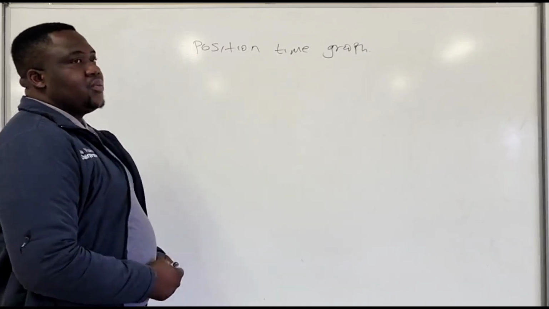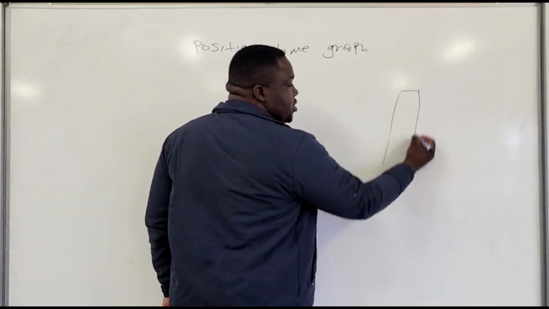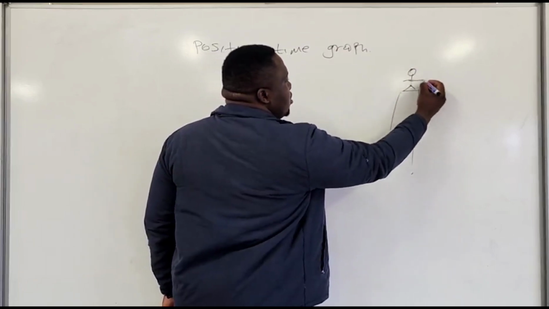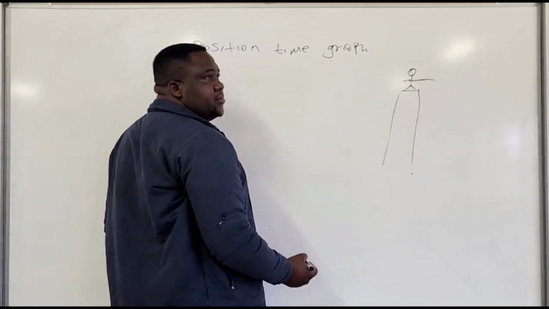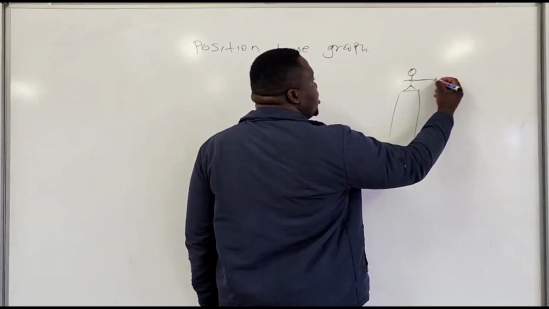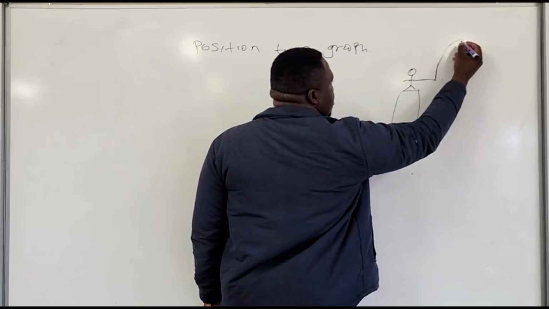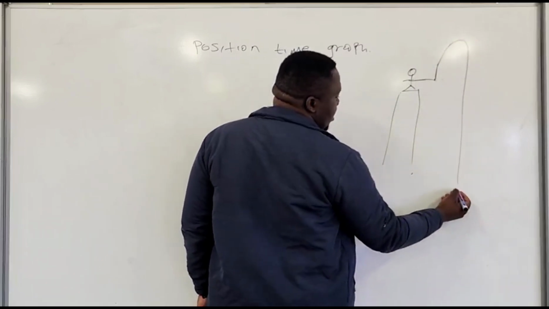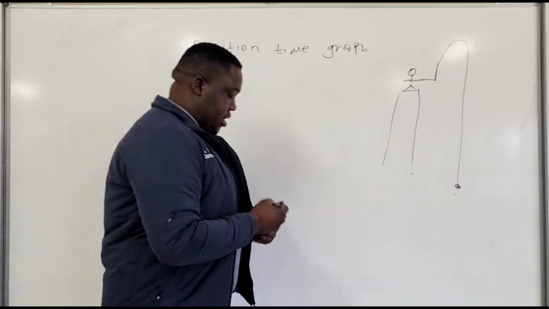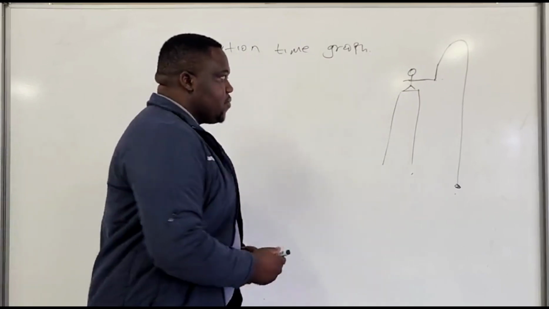Okay, so if it's a person who is standing at the top of a building, then this person projects an object, and that object goes up and it comes back.